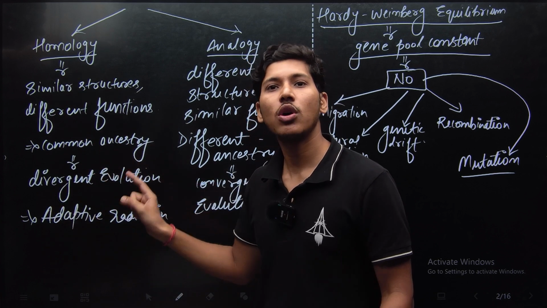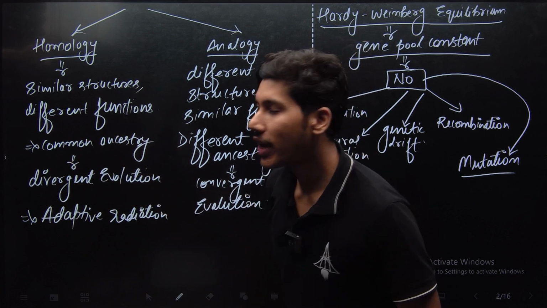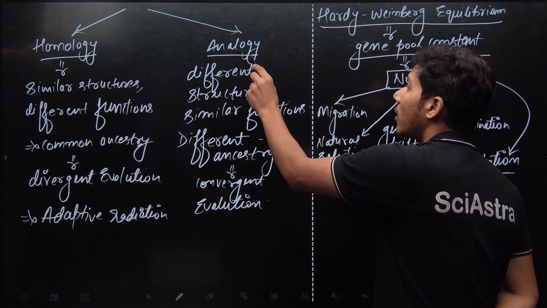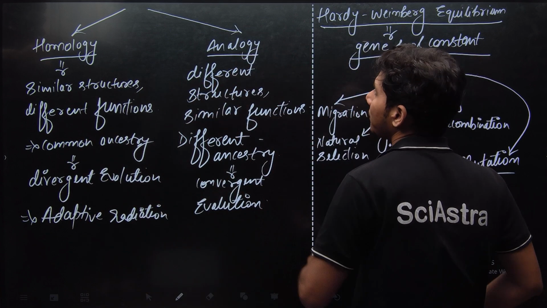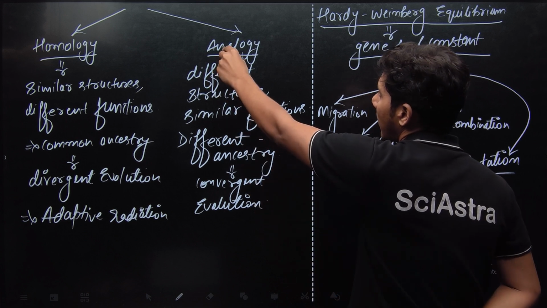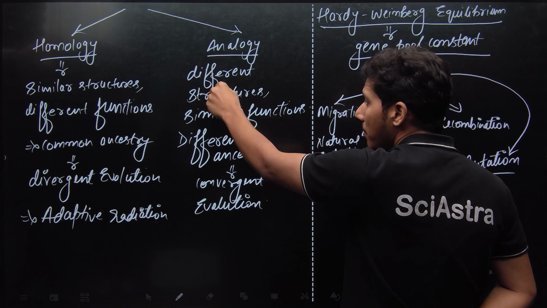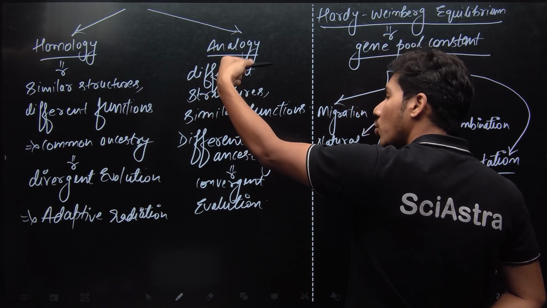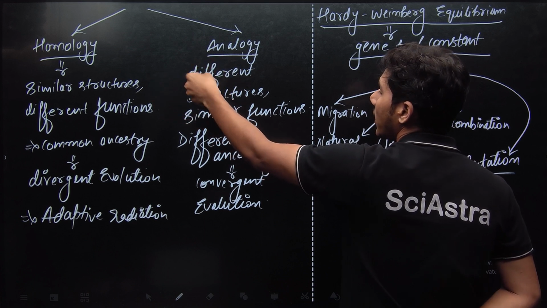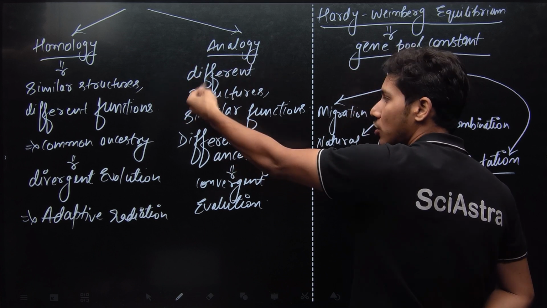Adaptive radiation is also an example of homology. Okay? Now analogy denotes different ancestry, and due to different ancestry, they have different anatomical structures.